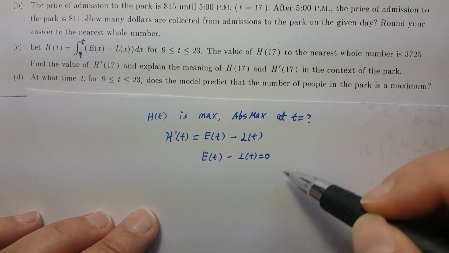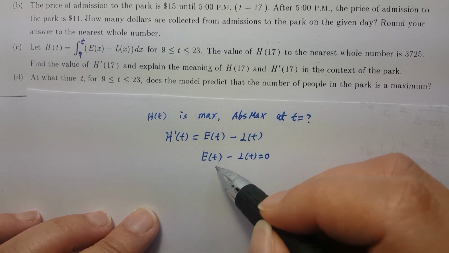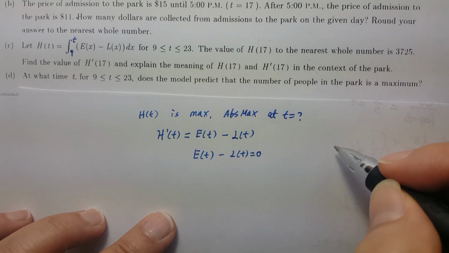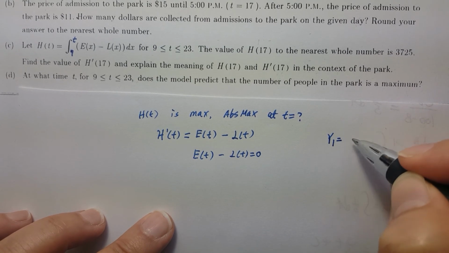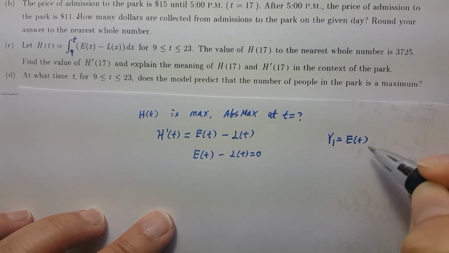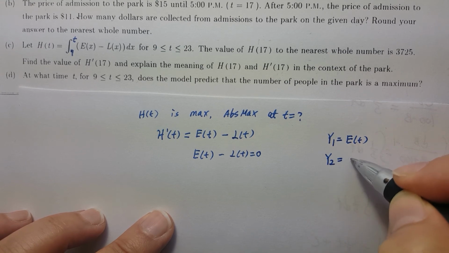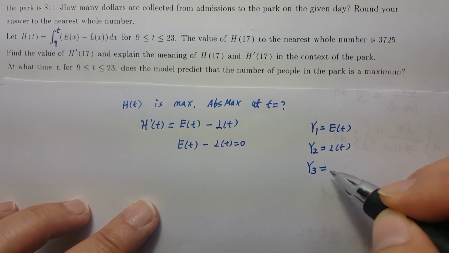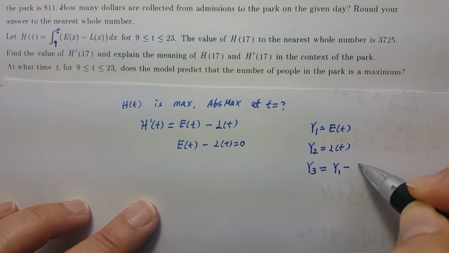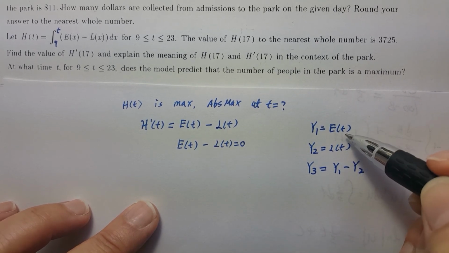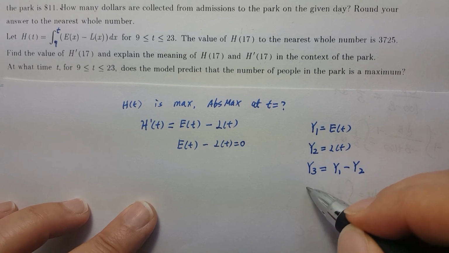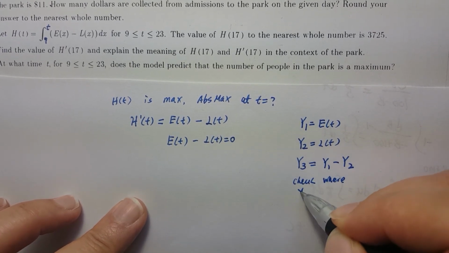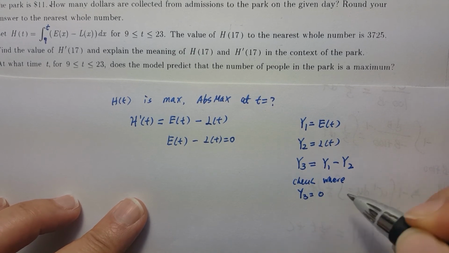Because these two are complicated equations, I'm not going to type in and subtract this equal to 0. I already made my y1 equal to e of t and my y2 equal to l of t. So I'm going to make my y3 equal to y1 minus y2, basically e of t minus l of t, and then check where y3 equals 0.